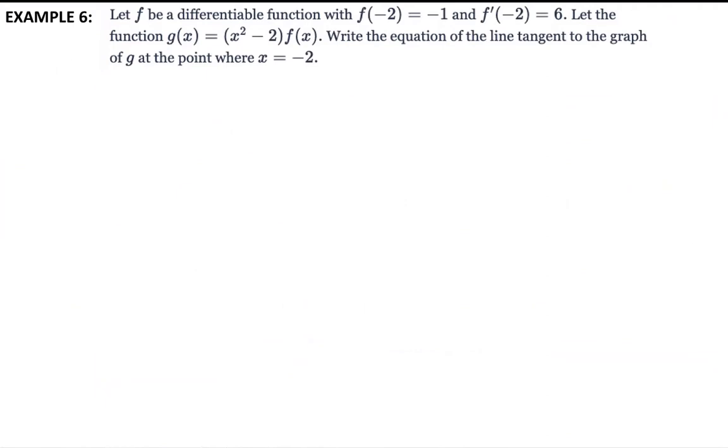That's like table information, right? So you can kind of make a table if you want. Sometimes it's helpful to make a table. Now this table is not going to be nearly as big, but it will be important. We could have f of x, f prime of x, make it a little neater.